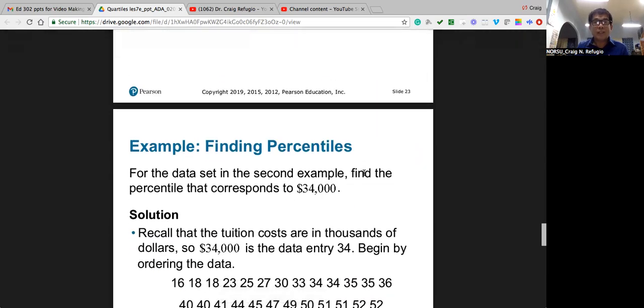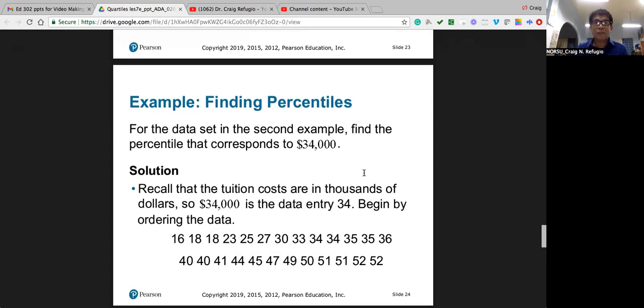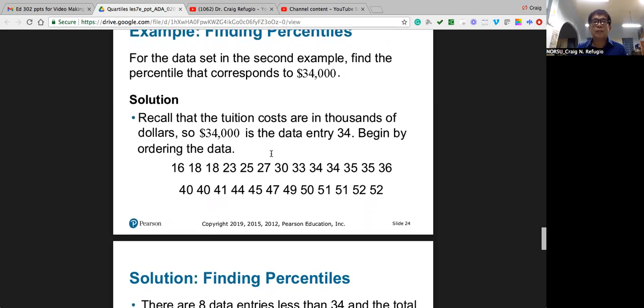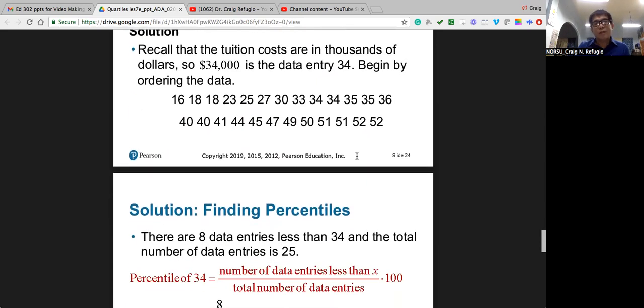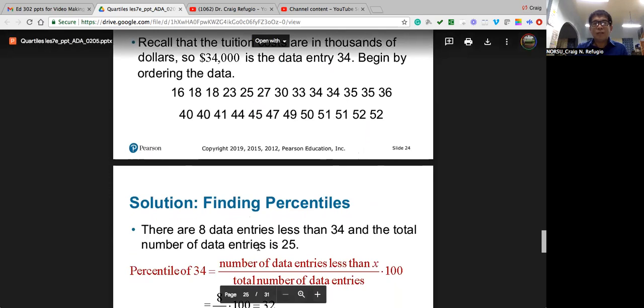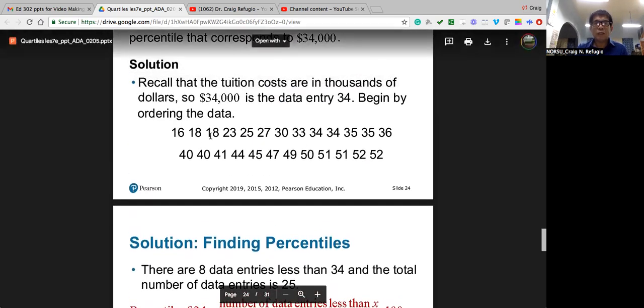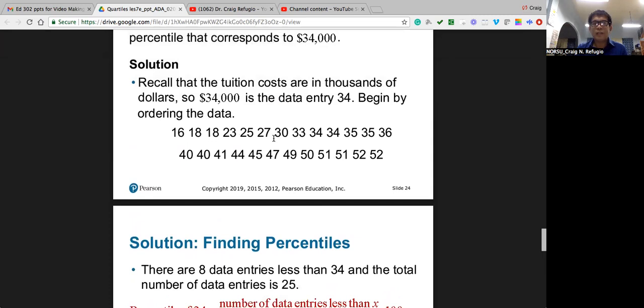For the data set in the second example, find the percentile that corresponds to 34,000. It's actually in thousands of dollars. So there are 8 data entries less than 34: 1, 2, 3, 4, 5, 6, 7, 8.